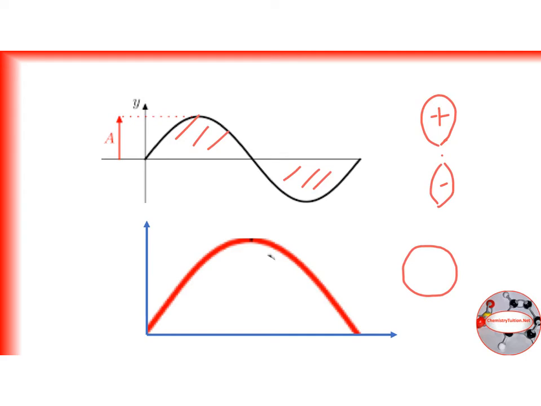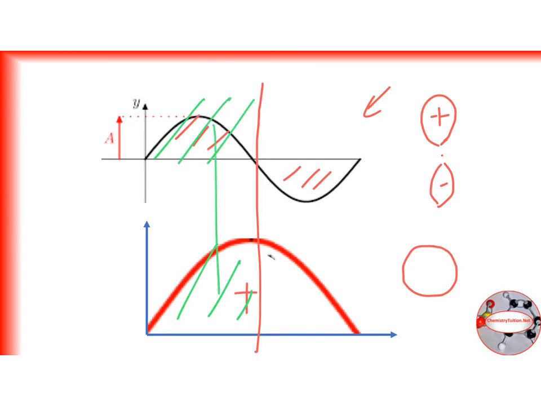So if this was in a positive phase that was being combined with a p orbital like this one here, over this part of the axes, they would have constructive interference.